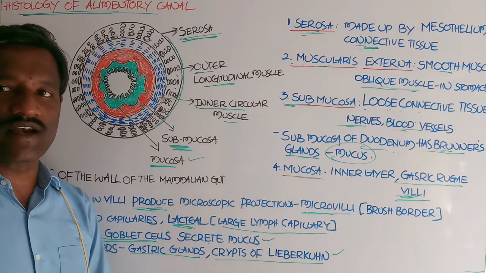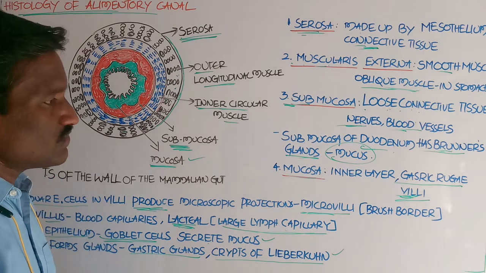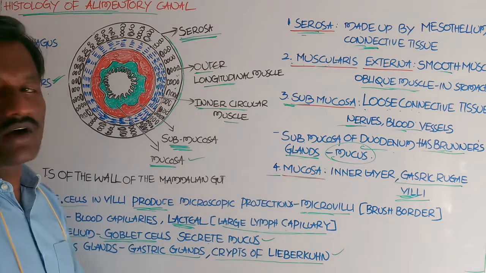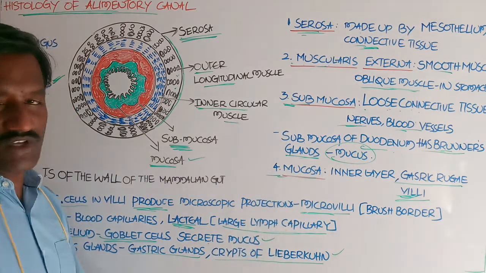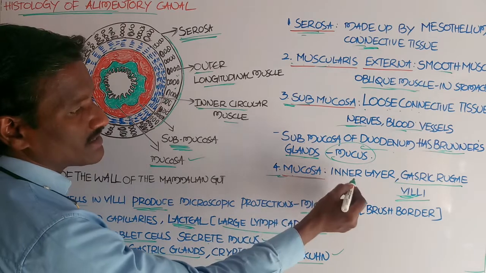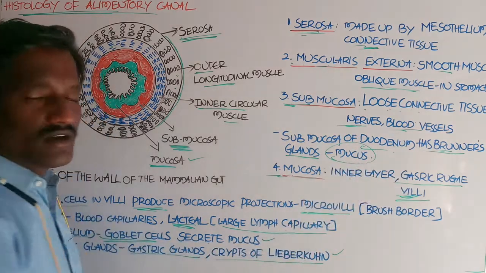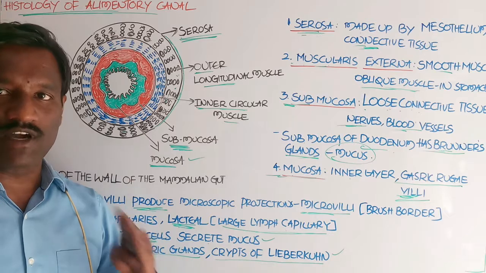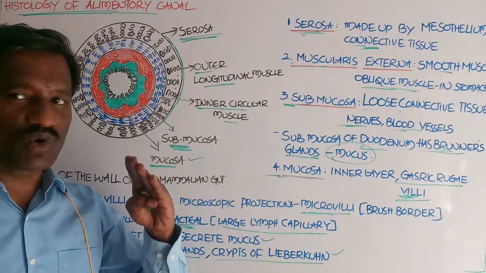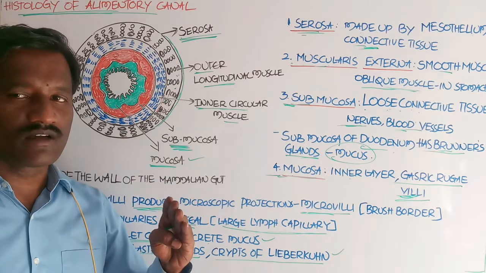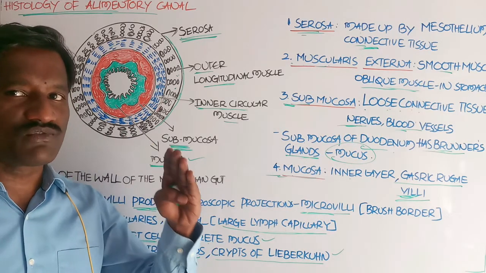Brunner glands secrete mucus. Okay students, now we enter the fourth layer, the innermost layer, that is the mucosa. If you observe the stomach region, the mucosa layer of the stomach forms longitudinal folds.